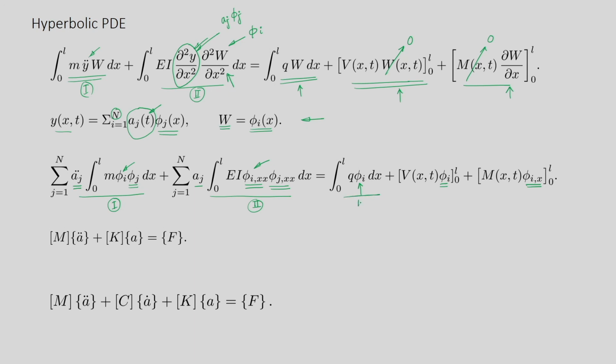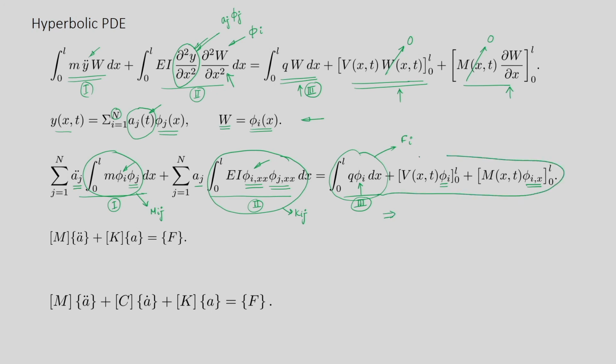Alright. So now let us go ahead and find out the compact expression. So if this term, integral of m phi I phi j dx, is written as capital M I j, this is written as capital K I j, and since this depends on only I, this will be replaced as f I. So the whole equation, or in general sense all the terms, will be represented as f I, for any problem.